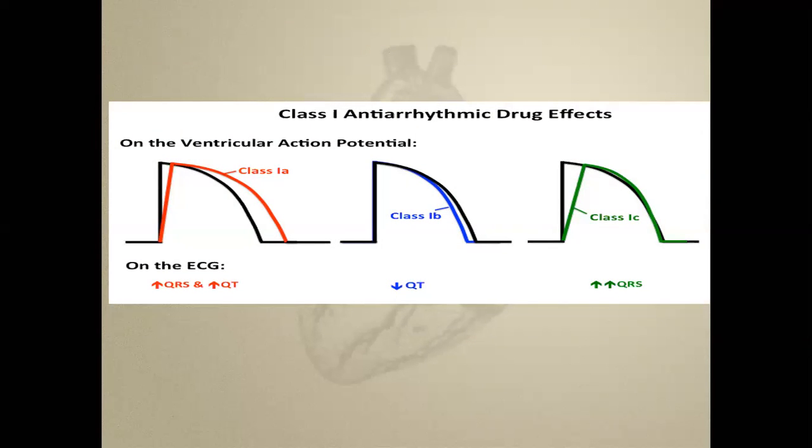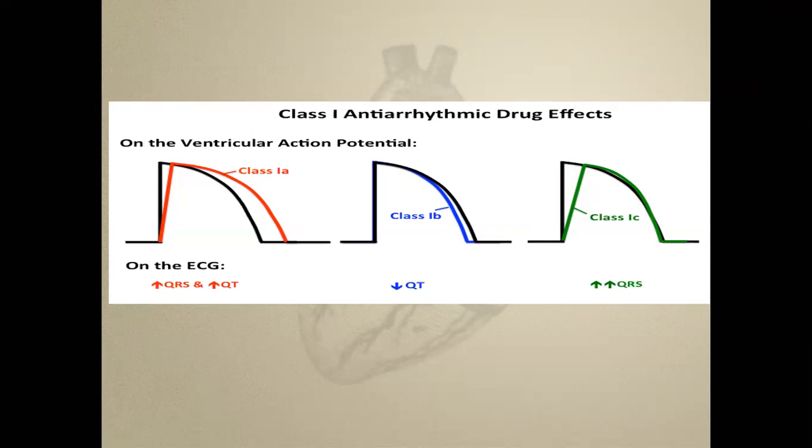In this picture, you can see different effects of different subclasses of the first class on the ventricular action potential. First A class prolongs action potential, and as a result, prolongs the QRS and QT intervals.